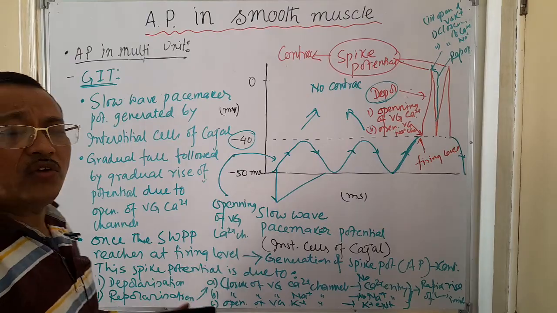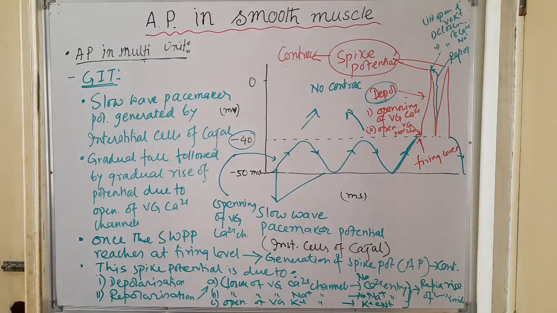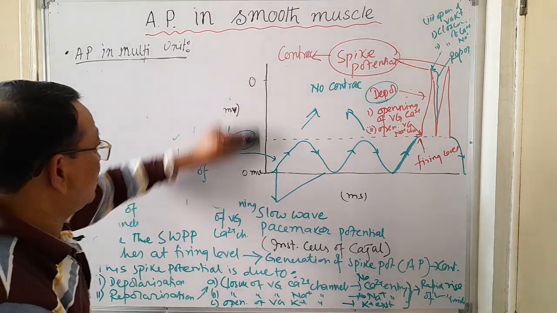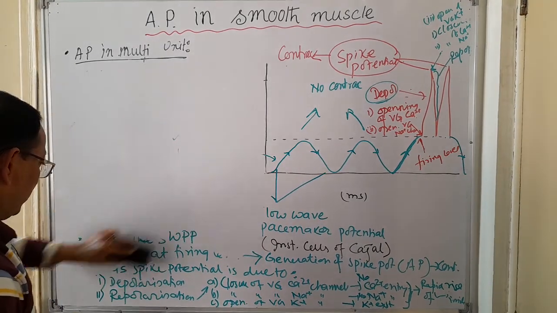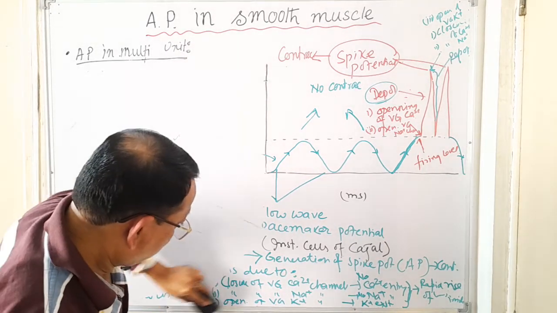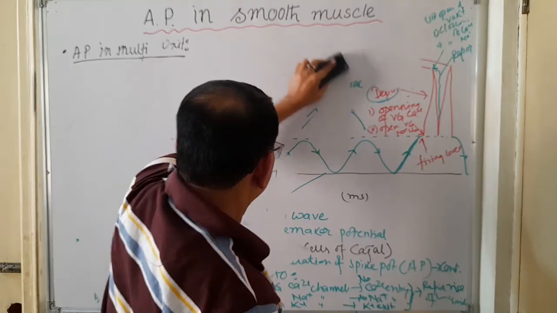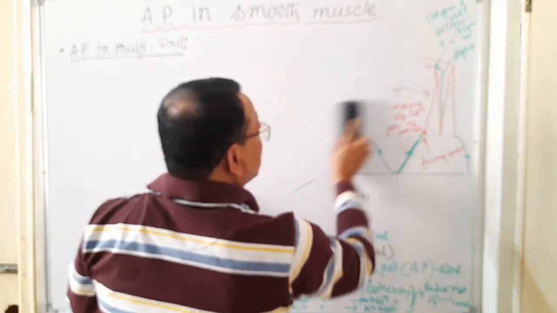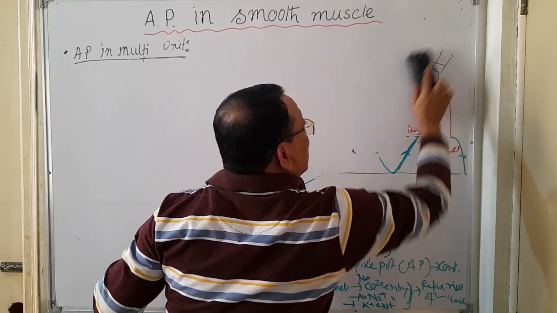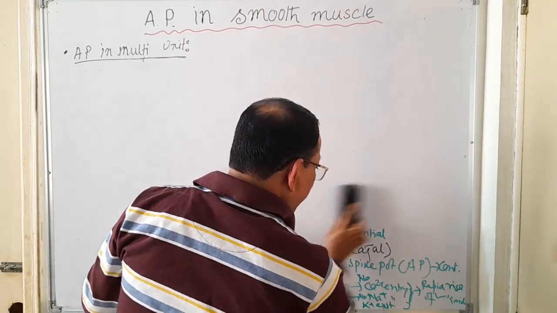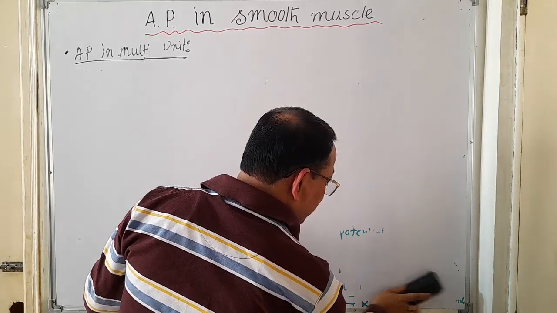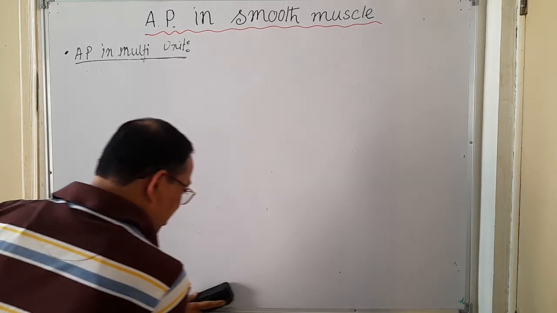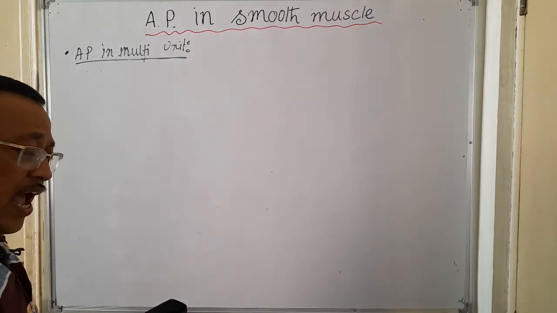As I told, multi-unit smooth muscles are present on the lining of the respiratory tract, iris muscles, piloerector muscles, which do not have any gap junctions, so they cannot act in concert.